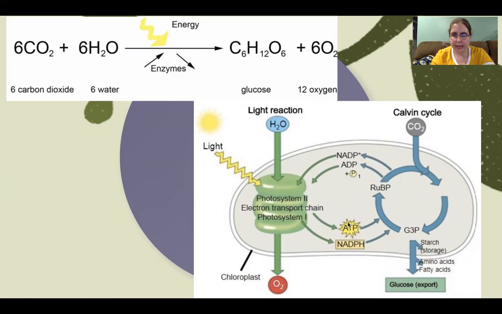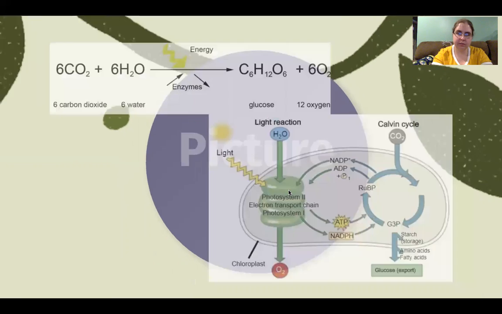We charge up ATP and NADPH, they move over to the Calvin cycle. Carbon dioxide goes in, glucose comes out. Since we've used up the energy and electrons from ATP and NADPH, they're back to being ADP and a phosphate, and NADP plus, they go back to the light reaction in order to recharge.